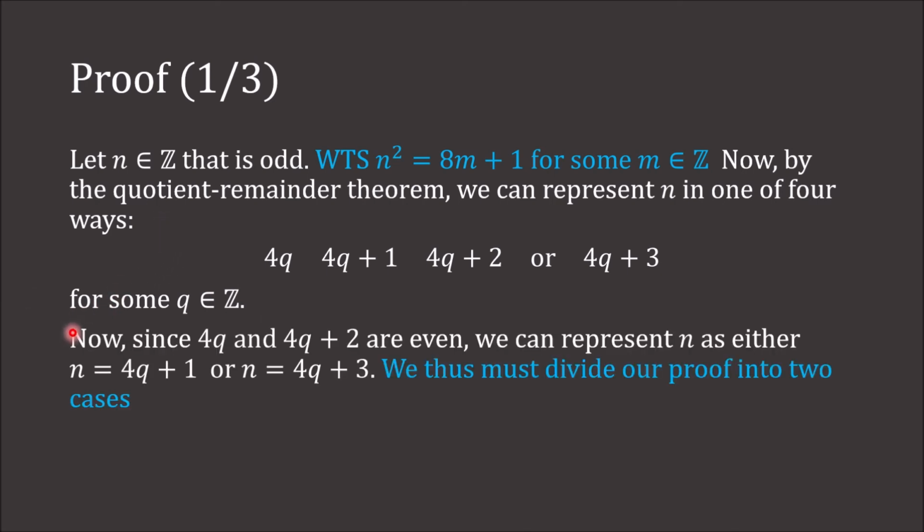Now, both 4q and 4q plus 2 are even. So we represent n as either 4q plus 1 or 4q plus 3. And so our proof will be divided into 2 cases. One where n is 4q plus 1, and the second where n is 4q plus 3.